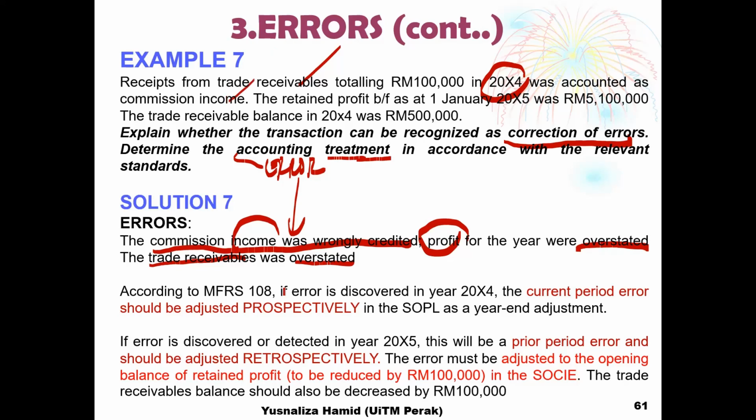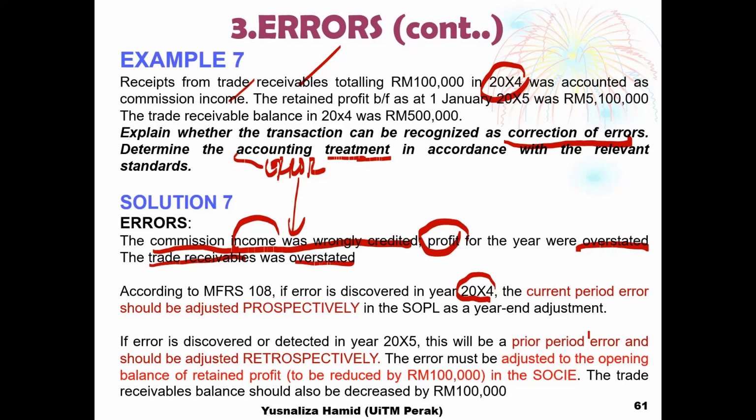So according to MFRS 108, if the error is discovered in year 20x4, the current period error should be adjusted prospectively, since the error is discovered in the year it occurred.